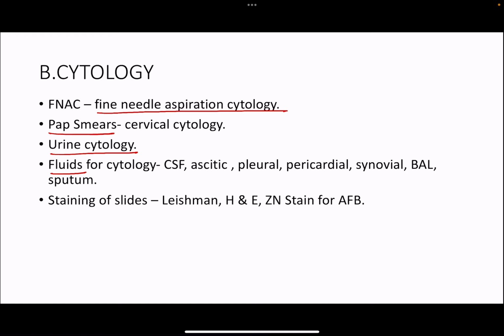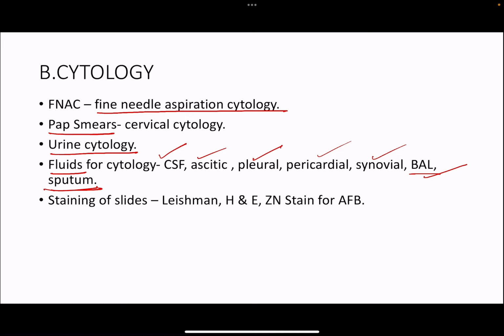Fluids in the sense, what fluids? You receive cerebrospinal fluid by lumbar tapping. You receive ascitic fluid, pleural fluid, pericardial fluid, synovial fluid, BAL fluid, that's bronchoalveolar lavage. And also, in very few instances, you receive sputum for cytology, which is diluted and then kept for cytology staining.